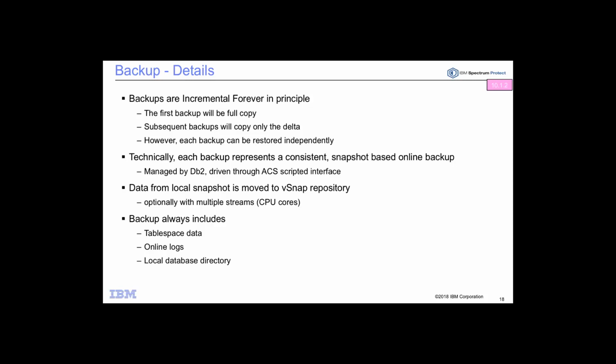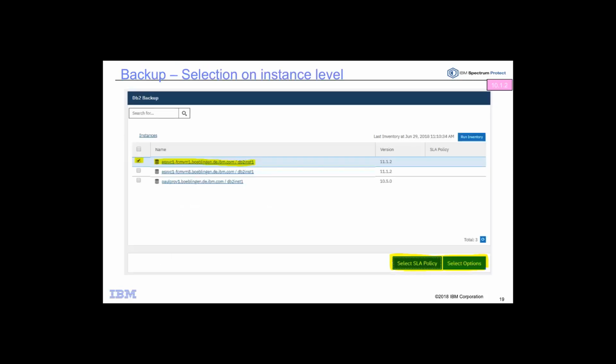So each backup represents a consistent online snapshot backup that is driven through the ACS DB2 interface. They're stored within the VSnap repository, optionally with multiple streams. And we always back up the table space, the online redo logs, and the local database directory for the DB2 database.